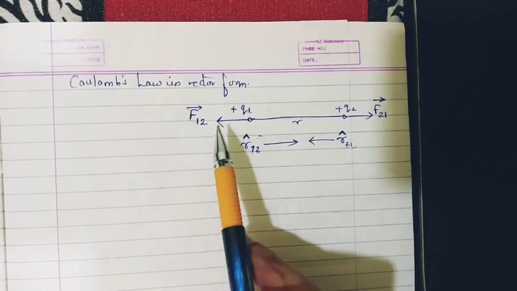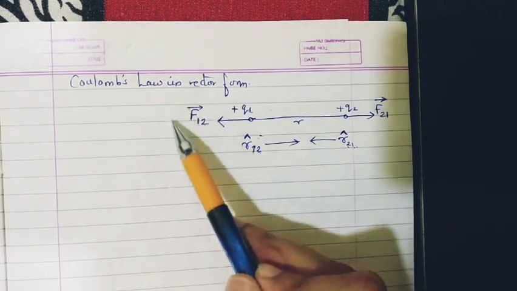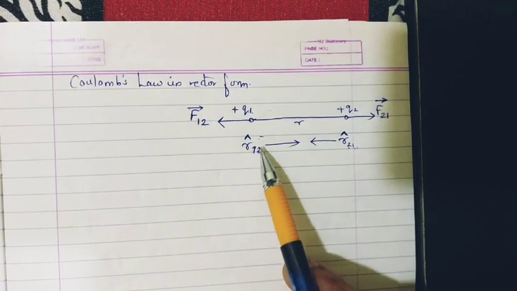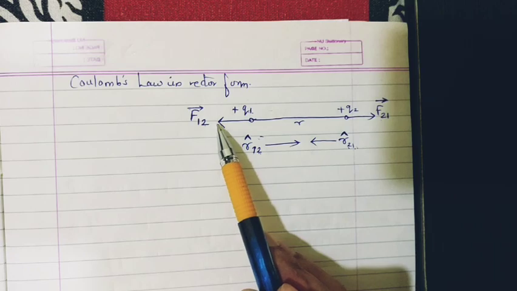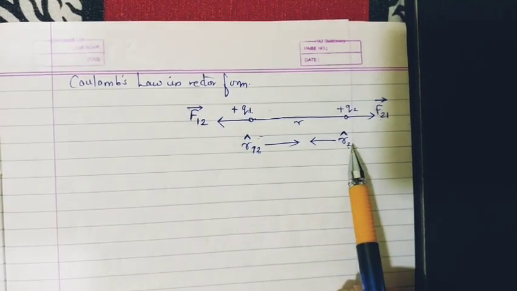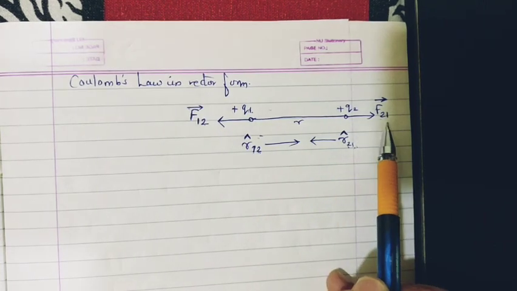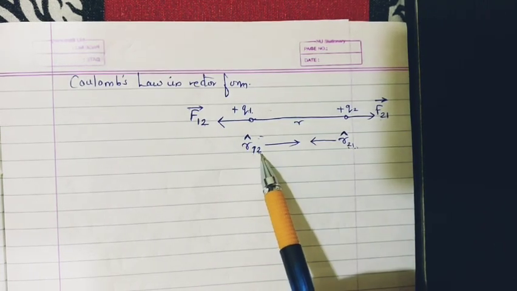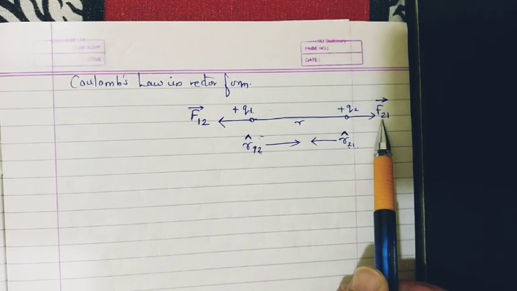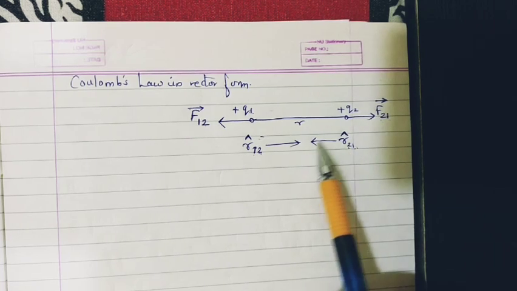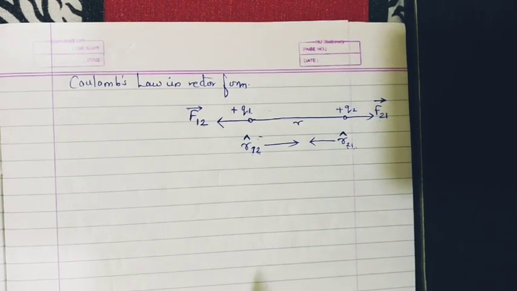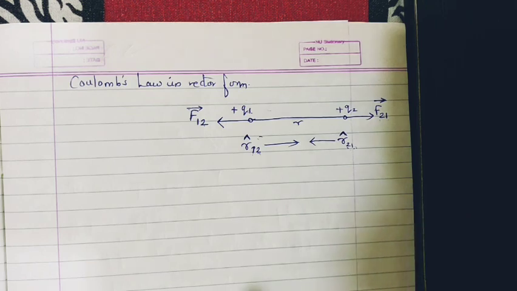If you see here, F12 and r12 are in opposite directions. F12 and r21 are in the same direction. Similarly, F21 and r12 are in the same direction, and F21 and r21 are in opposite directions. This is the logic we are going to use when we write the formula.